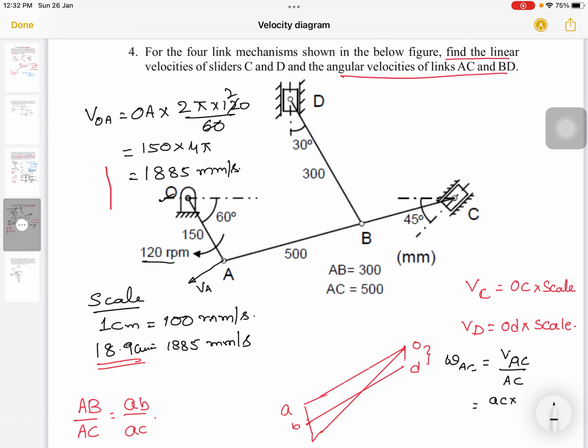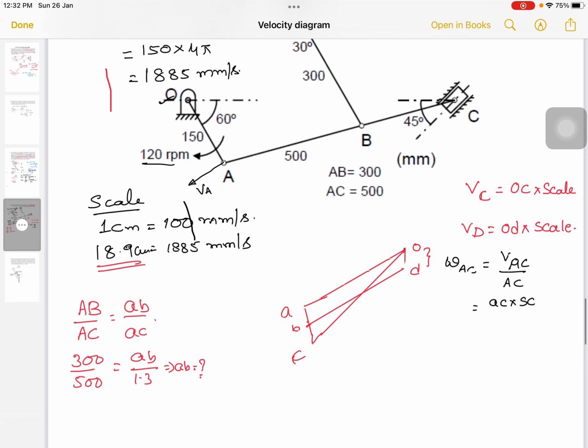That is, AC into scale upon the AC length. This is the AC length, and the scale is 100 mm per second.